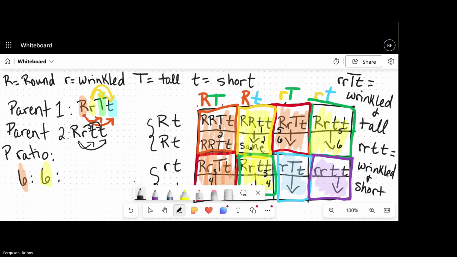And then we have 1, 2 of the wrinkled and tall, and 1, 2 of the wrinkled and short.